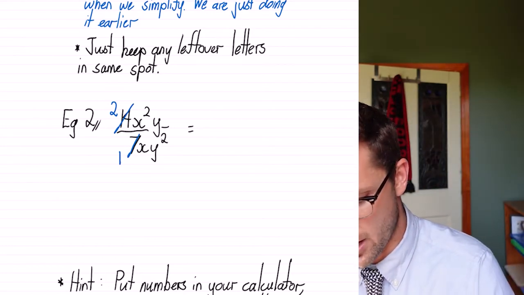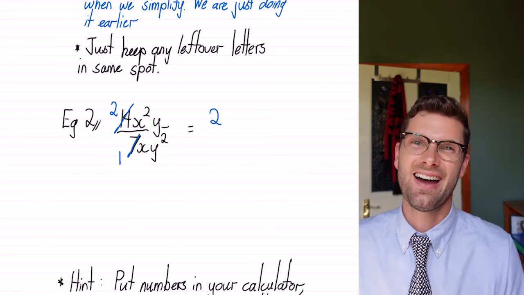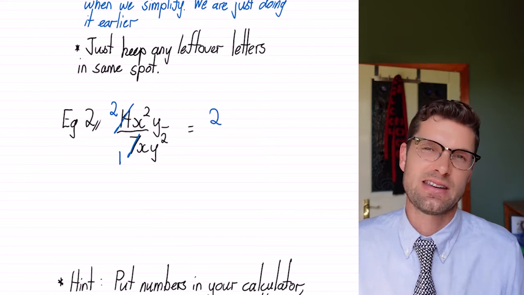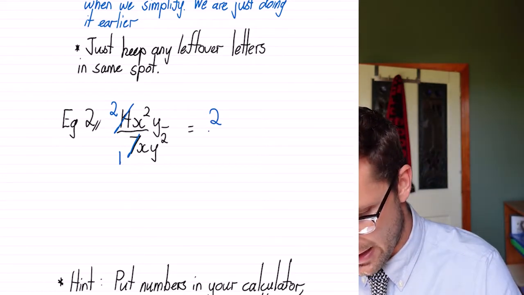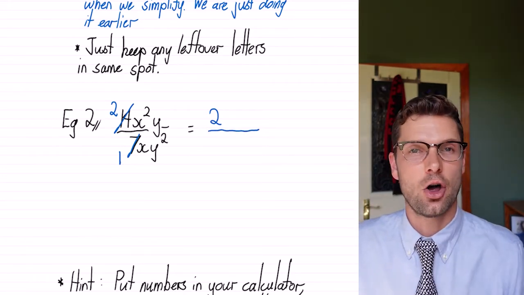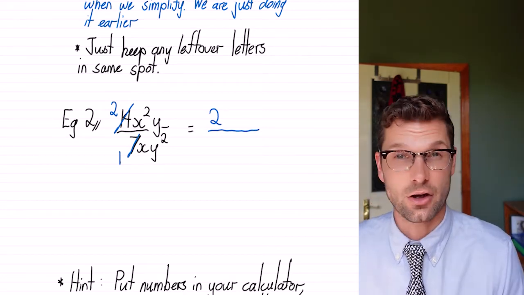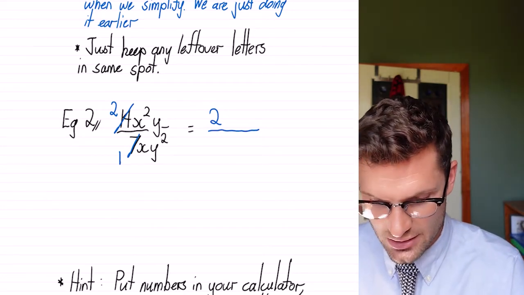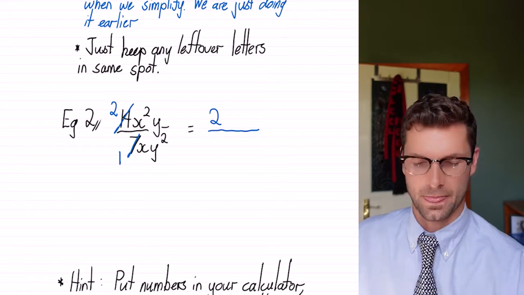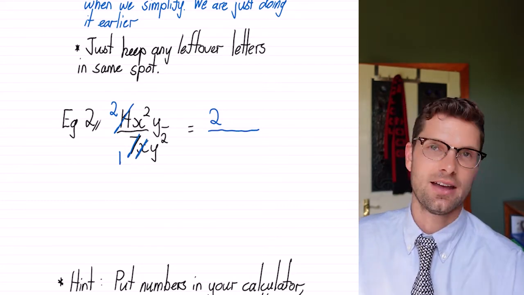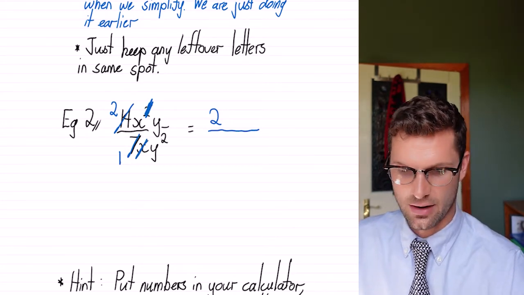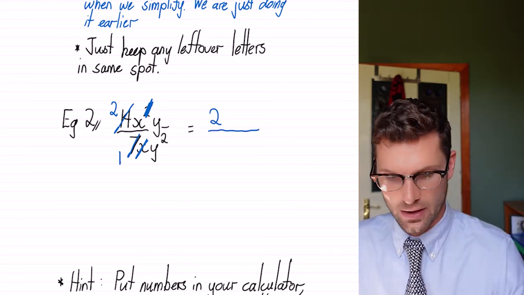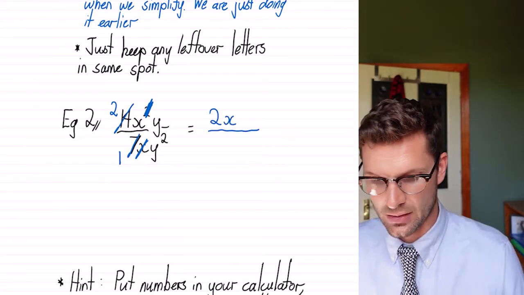So I know I've got a 2 up the top, and I'm not going to write that 1 because we never have to. And then I'm going to put in my longer fraction just to make sure I've got some space. So I've got 2 x's on top and 1 x on the bottom. So this first x down here takes out one of the x's up here, but we've got 1 x left over, so he goes up the top.